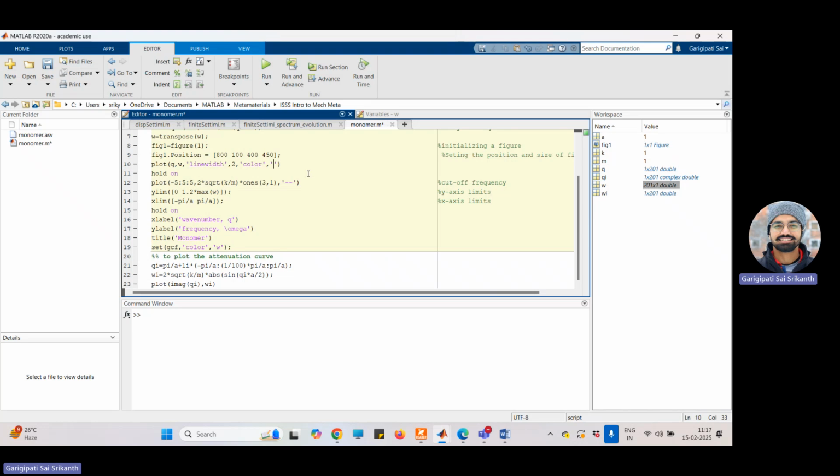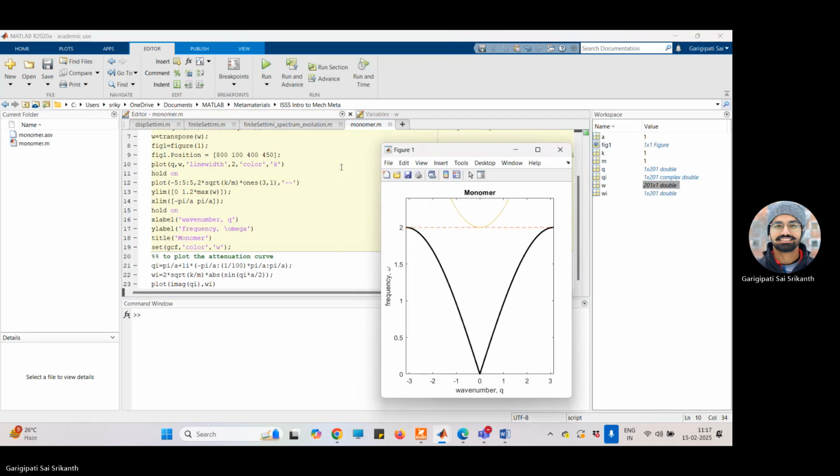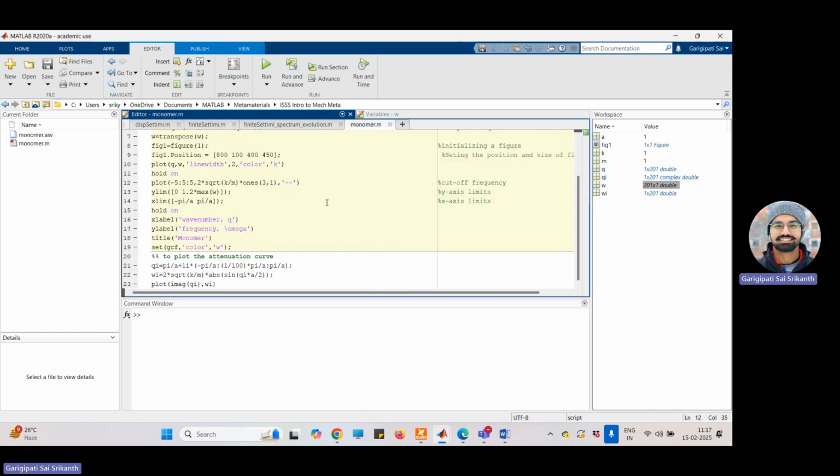Let's just stick with black. Okay, and even for this attenuation plot, let's just stick with black.